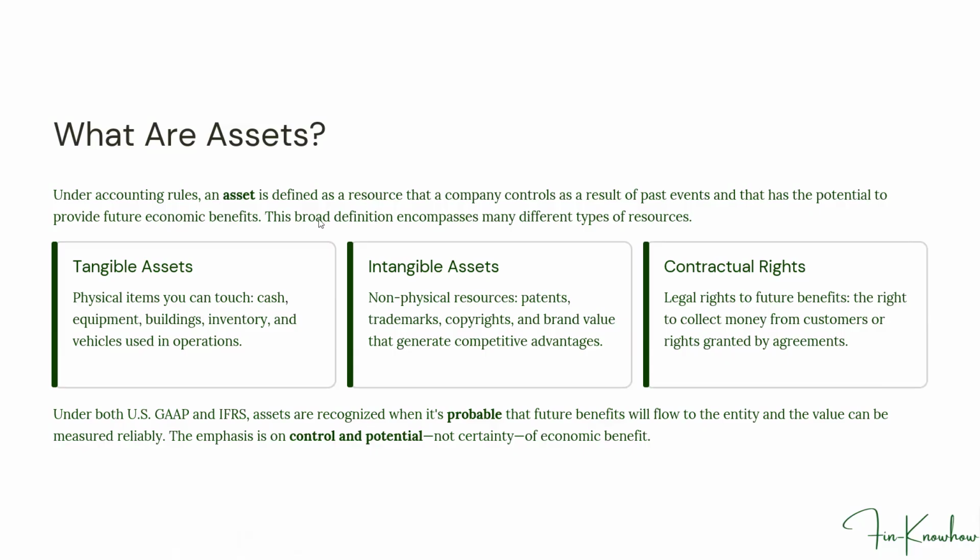That definition of assets can include various types of assets, so it's worth taking a closer look at the various types of assets that show up on a balance sheet. The most common and the most familiar type of asset that shows up on a balance sheet are tangible assets.